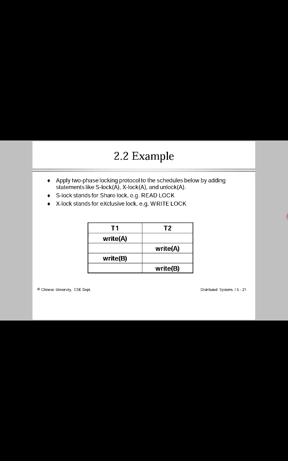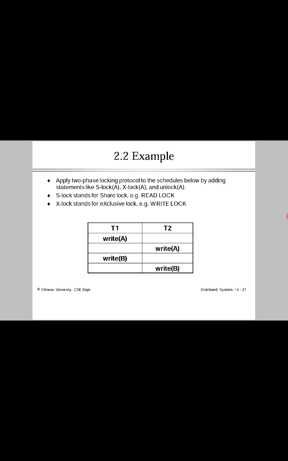So, for an example, apply the two-phase locking protocol to the schedules below by adding statements like slock A, xlock, and unlock. Slock stands for shared lock, for example a read lock. Xlock stands for exclusive lock, for example a write lock. Here we are taking T1 and T2, where T1 is transaction 1 and T2 is transaction 2. T1 is writing on table A, whereas T2 is idle.